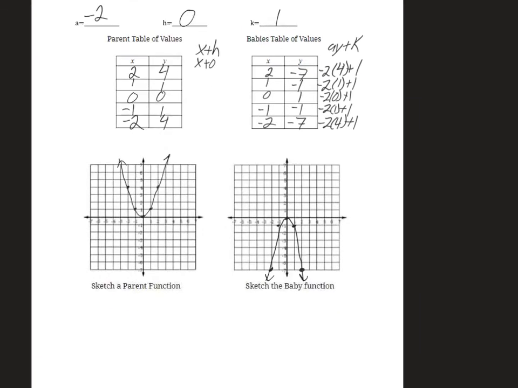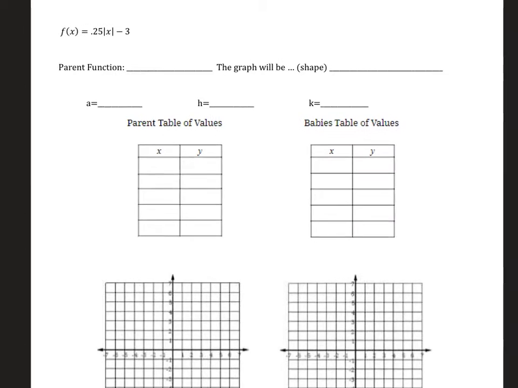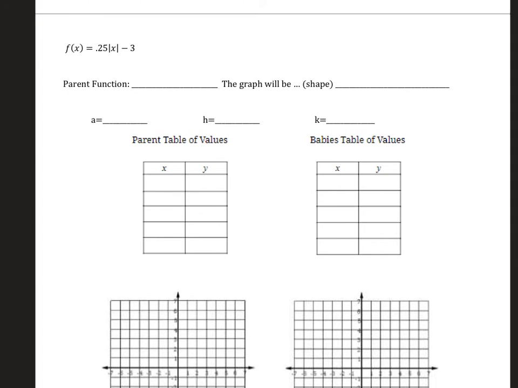Okay, going to the next one. Tell me what my parent function is going to be. It's going to be the absolute value of x. What shape is that going to be? It's going to be a V shape. What are A, H, and K? 0.25, 0, -3.